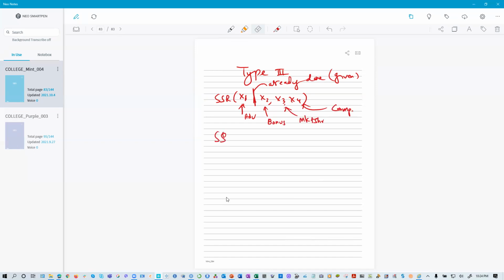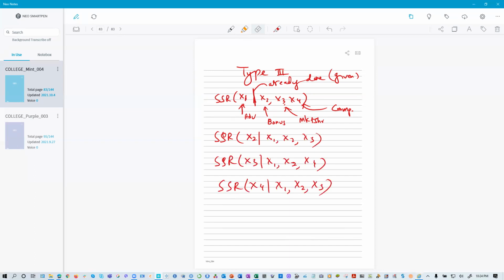And the other SSR, the second one, you're going to put given that X1, X3, and X4 are in the system already. Those are the decomposition, but they don't add. You don't put the plus sign. SSR X3 given X1, X2, X4. And SSR X4 given that X1, X2, and X3. That's the idea.